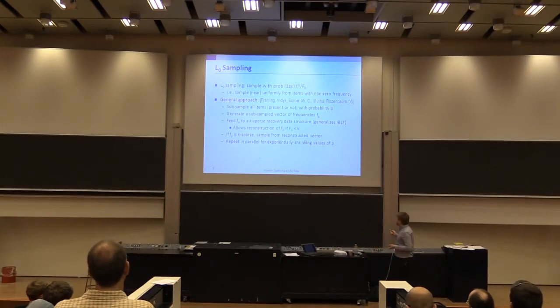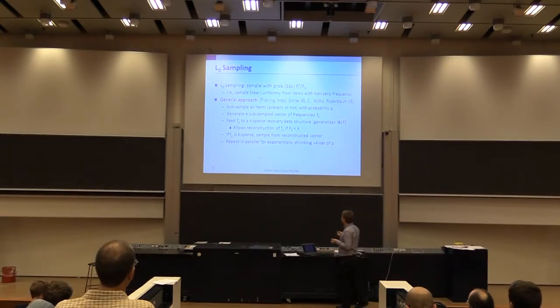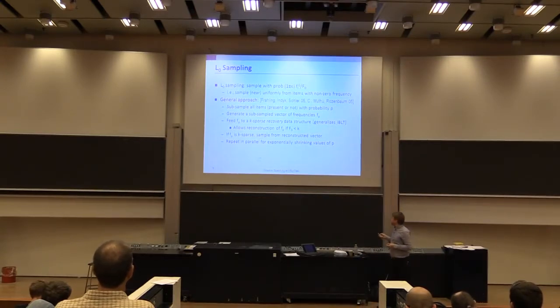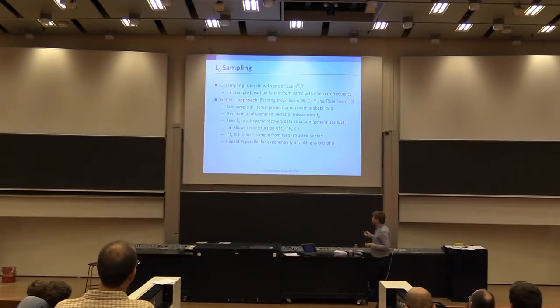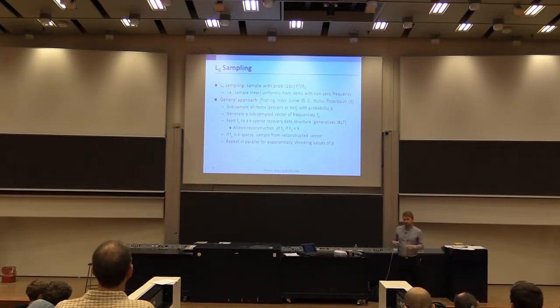What we'll actually do is we need something slightly stronger than the invertible Bloom lookup table. We need something which I'll call k-sparse recovery. I'll explain exactly what that is and how to build one. But basically a k-sparse recovery data structure says that if my vector has a small number of distinct elements in it, then I can recover that vector exactly.